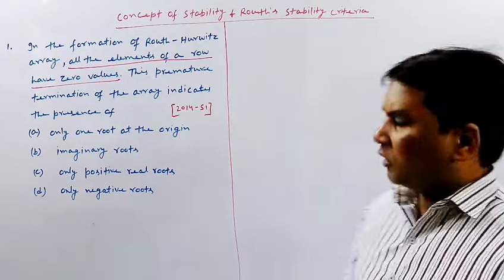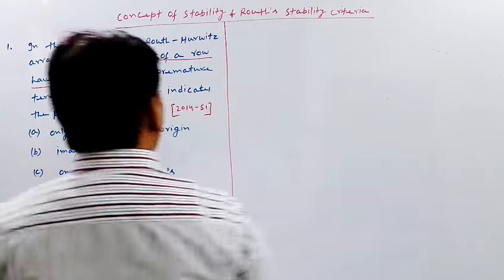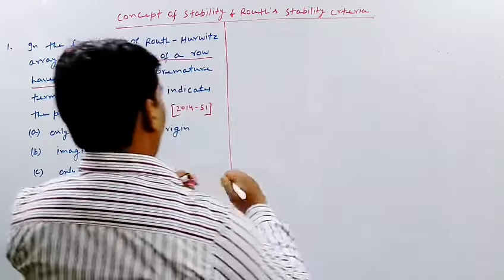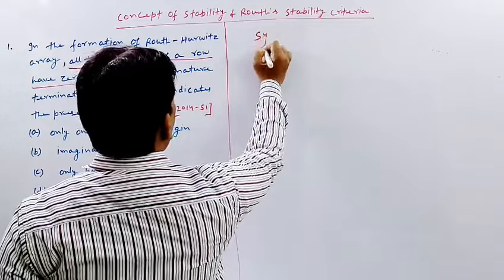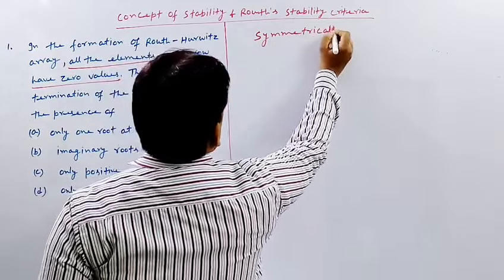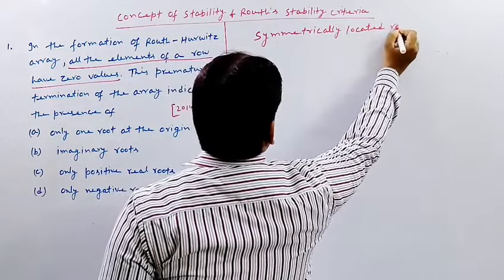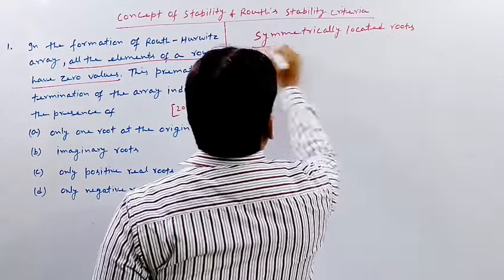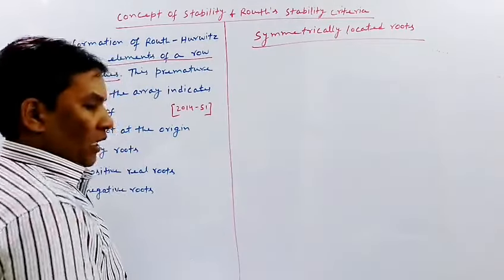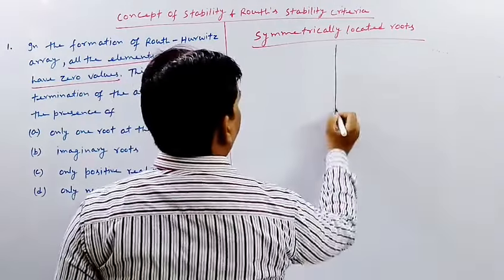So what are symmetrically located roots? There are three types. Let me discuss them. The first type is like this.